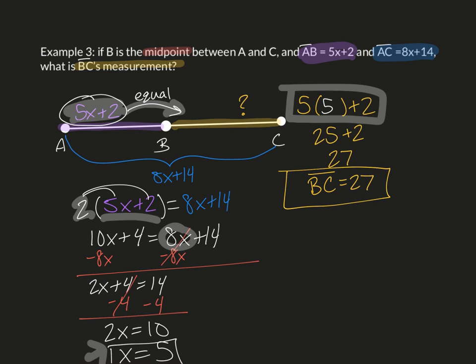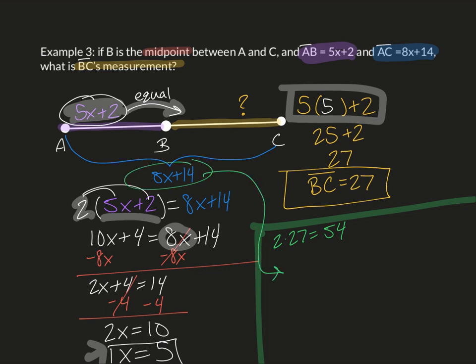Now, what you can do, just to check your work, if we know that BC is 27, that means AB is also 27. Well, if I have 2 times 27, that's 54. So let's just make sure that this blue part, when I solve and plug in a 5 for x, I get 54 as my answer.